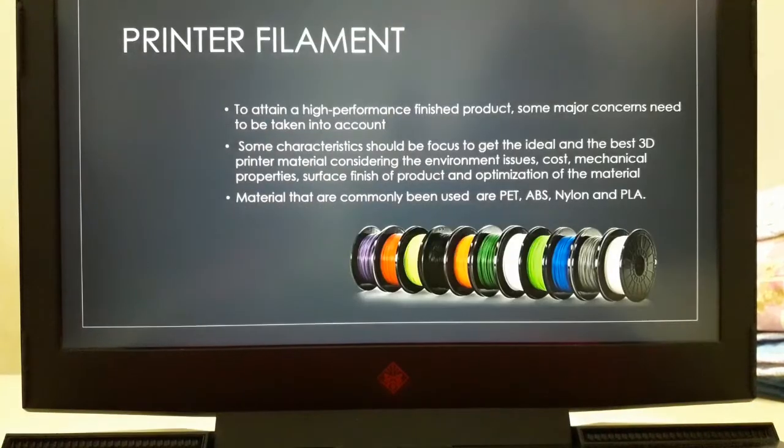So, in order to attain a high performance finished product, some major concerns need to be taken into account, and some characteristics should be focused on to get the ideal and best 3D printer material, considering environmental issues, cost, mechanical properties, surface finish of the product, and optimization of the material.